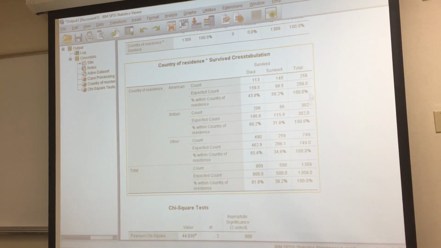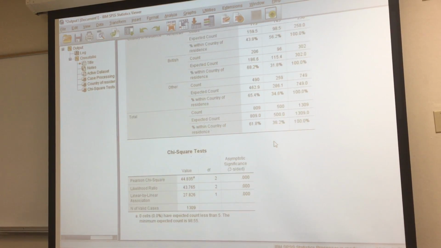So that's what we can see from this table, and then we need to look at the result of the chi-square test. That's simple, right? Look at the first row only. That's the value of the Pearson chi-square, that's 44. So what does that mean? It doesn't mean anything if you do not look at the significance value. The significance value is 0.00, which means it's highly significant, right?